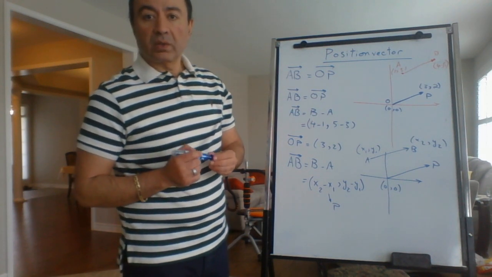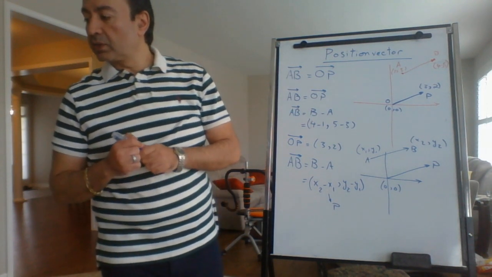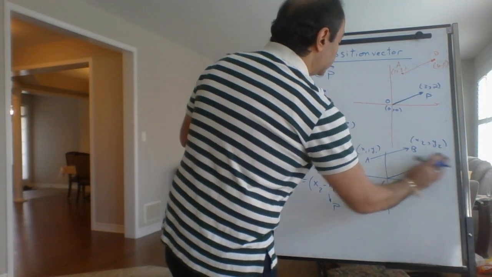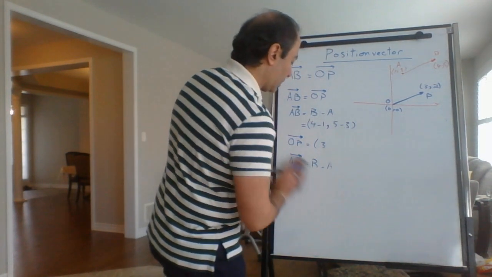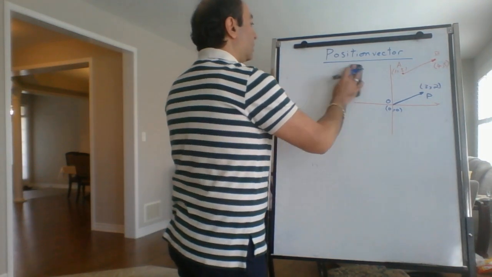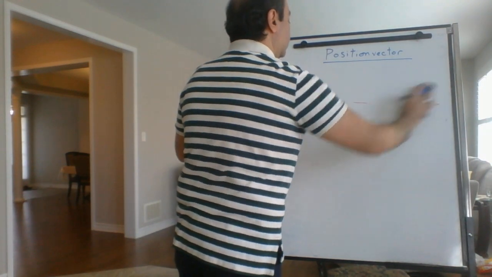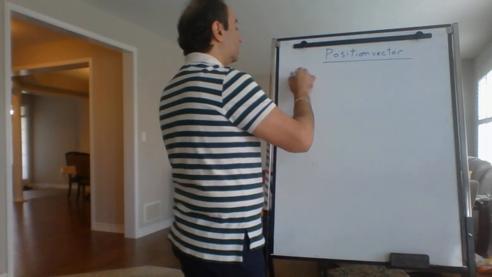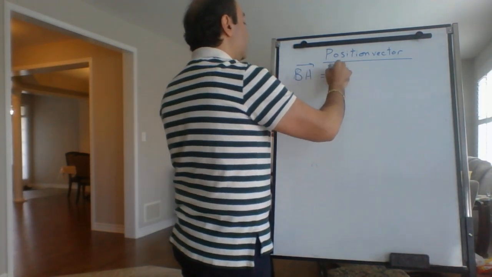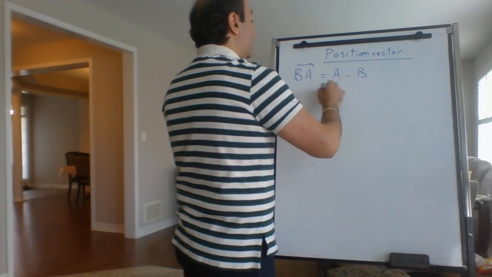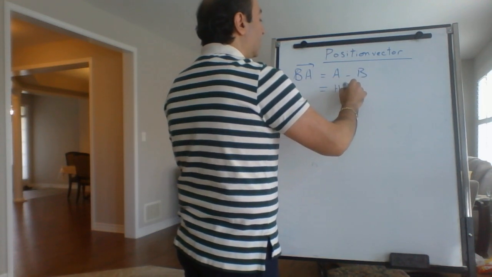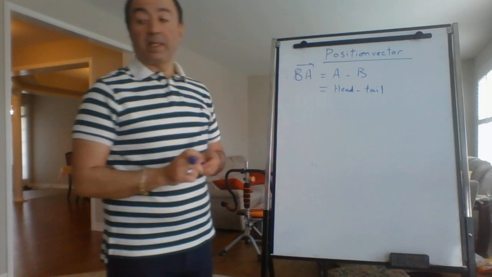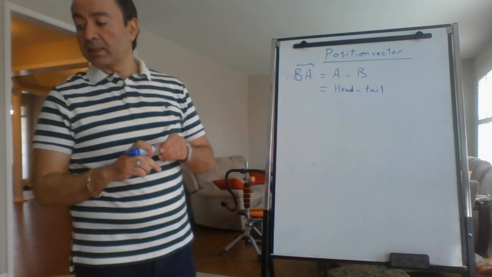Okay, so this is the first thing I wanted you to know. Now let's say I want to find vector BA. Vector BA is A minus B. Always head minus tail.